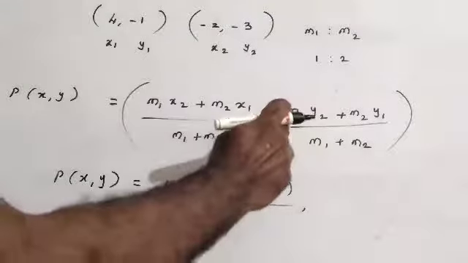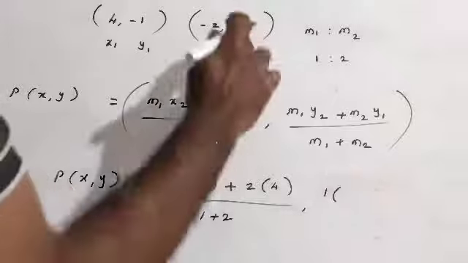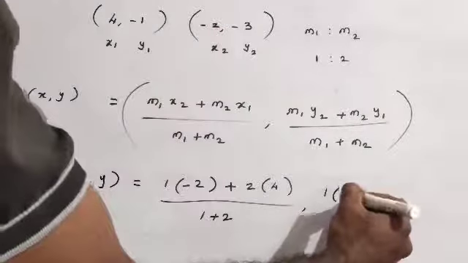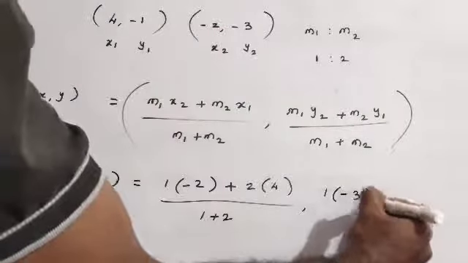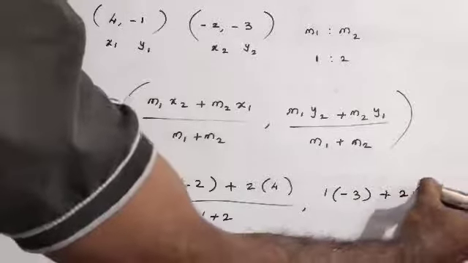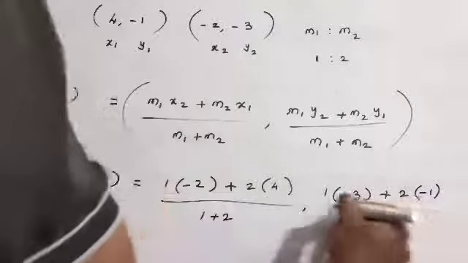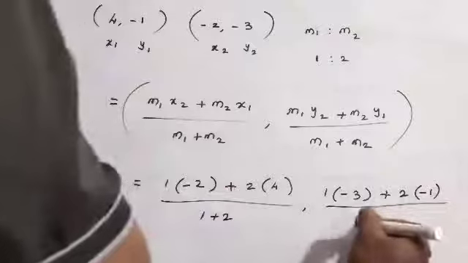Like that, m1 is 1, y2 that is -3, plus m2 that is 2, y1 that is -1, by m1 plus m2 that is 1 plus 2.